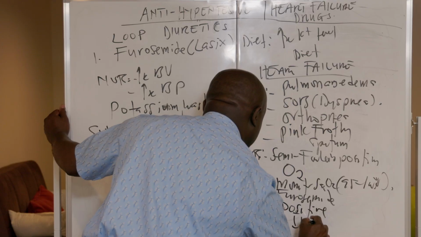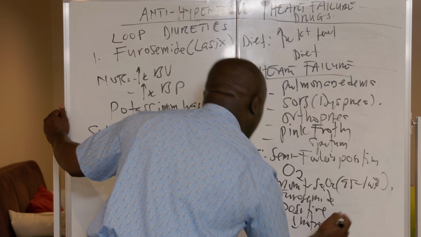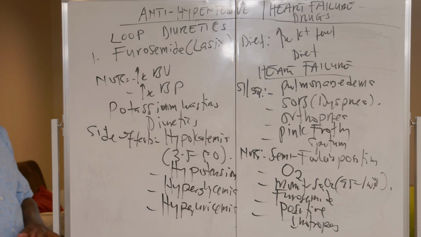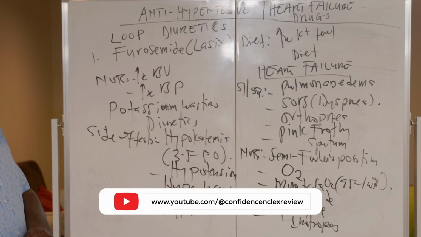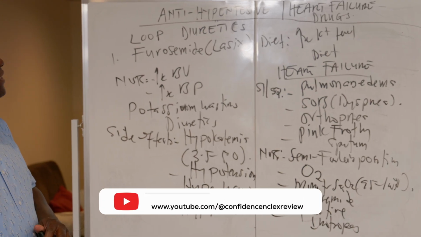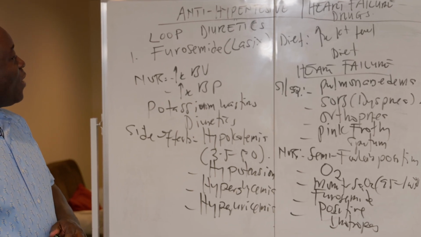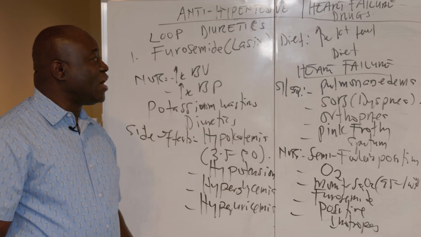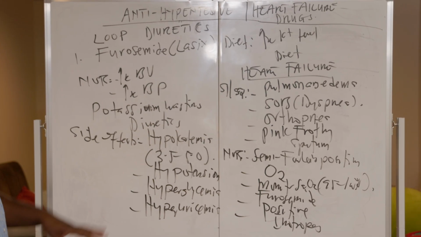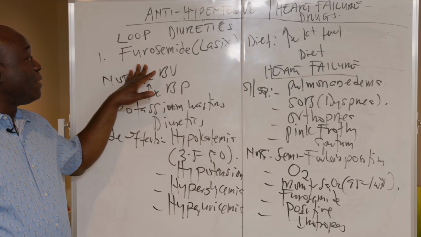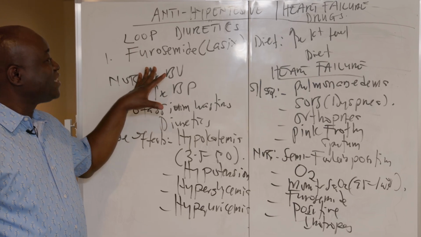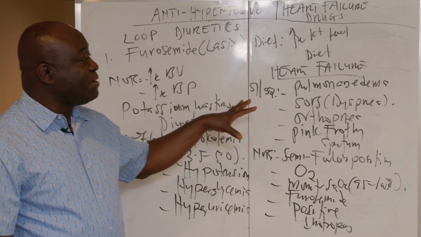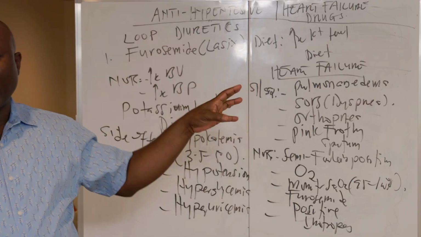Positive inotropes are drugs that will help the ventricles to pump. Now, digoxin is a positive inotrope. So, if somebody is hypertensive or somebody has heart failure, you could give what? The same drug could manage hypertension, and the same drug could manage what? Heart failure. So watch loop diuretics on the exam. They are potassium-wasting diuretics. They can be used for hypertension, and the same drug could be used for heart failure.